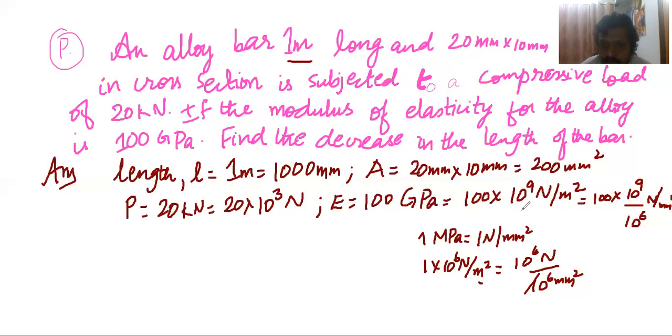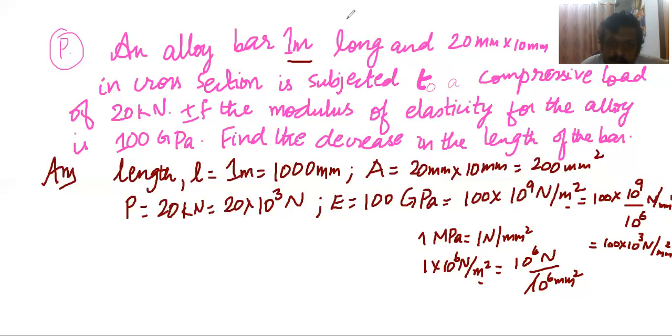So I'll just have to write into 10 power 9. So if I divide this by 10 power 6 mm square, this becomes 10 power 9 minus 10 power 6, which is 100 into 10 power 3 Newton per mm square. Okay, students. So make a note of this.